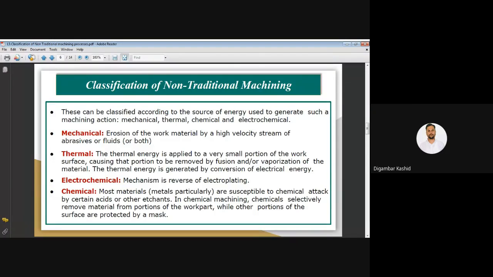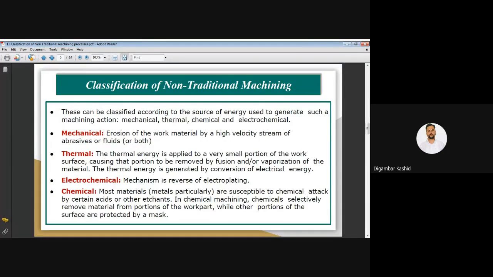Then we have the last one, that is chemical. In that, due to the chemical attack of a certain acid, we can remove the material from the workpiece. So there chemical dissolution is important. For example, if you take a small plate of copper and put it in a chemical, whatever the chemical is, it must react on your workpiece.